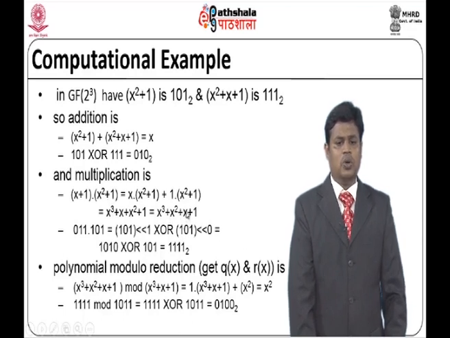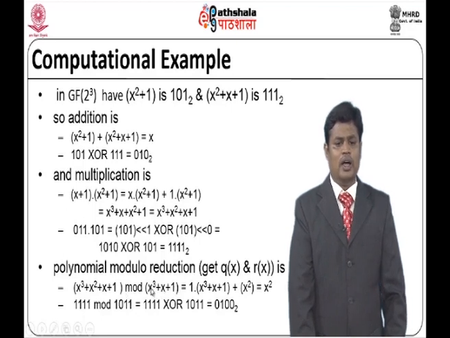Now we look at the value: it is 1111. Even with just a XOR operation, shift and XOR with a multiplication, you get 1111, which is a higher degree. So when the value exceeds that particular degree, we have to go for reduction. The reduction is done with the help of a modulo of the irreducible polynomial, that is x cube plus x plus 1.